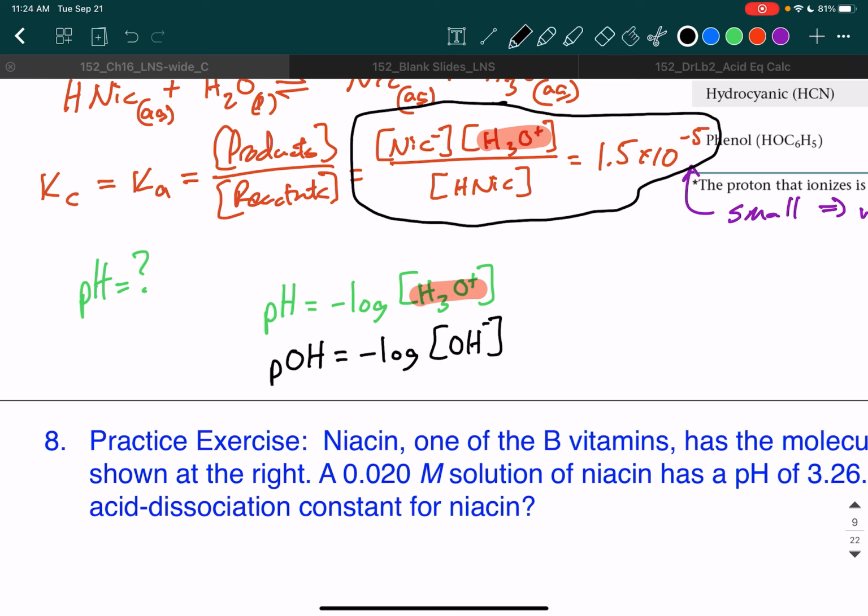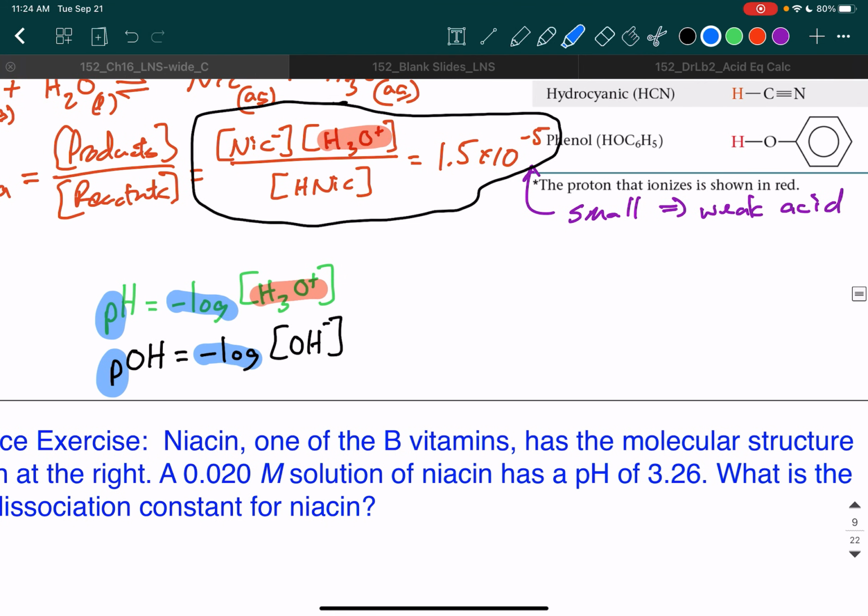Hydroxide ions are characteristic of bases, and so what we say is the pOH is equal to the negative log of the hydroxide concentration. The pattern that we see here is if you see a P in front of some expression, what you just did was take the negative log of something that's related to that expression. In this case, hydronium concentration and hydroxide concentration.